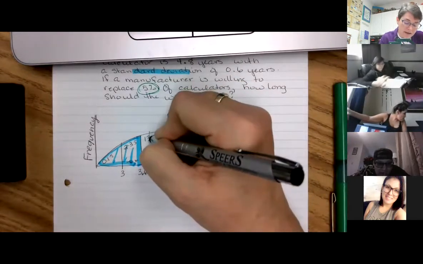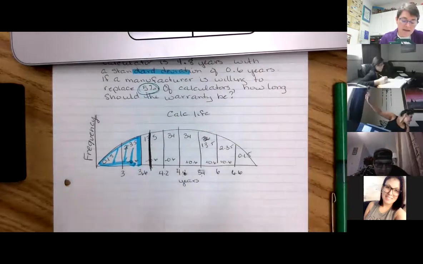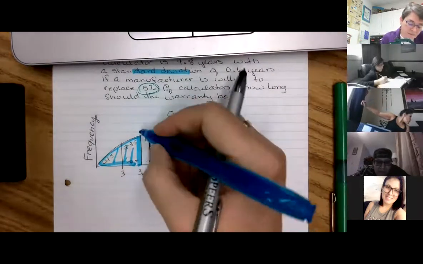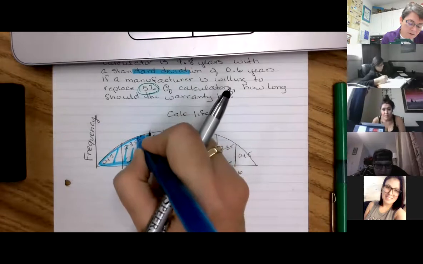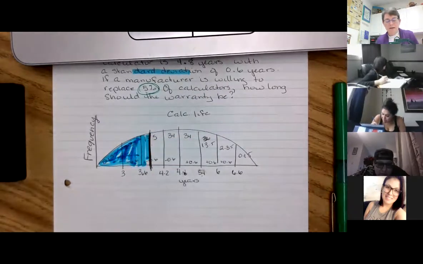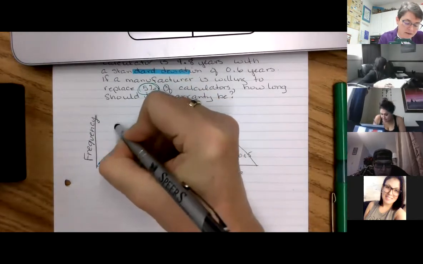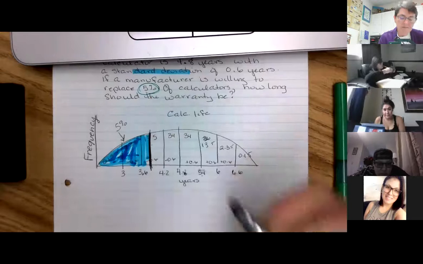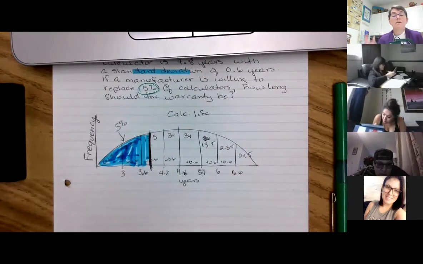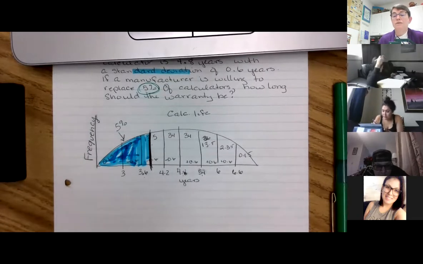So somewhere here, and I'm just randomly making it there, is the spot where this part that I just colored in blue is 5%. So I want this blue part to be 5%. So I know my answer is going to be somewhere between 3.6 years and 4.2 years.